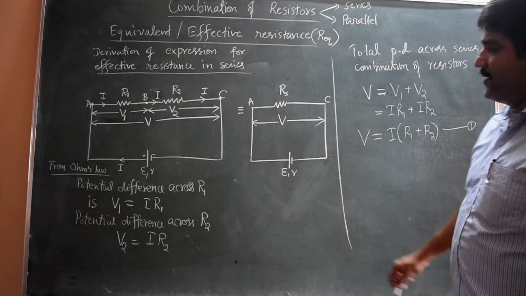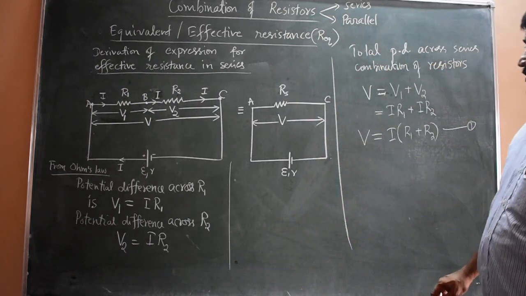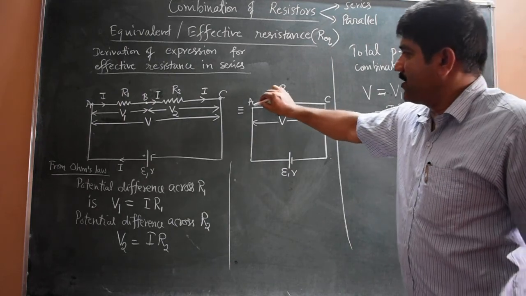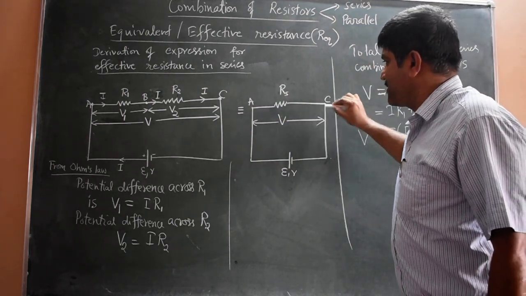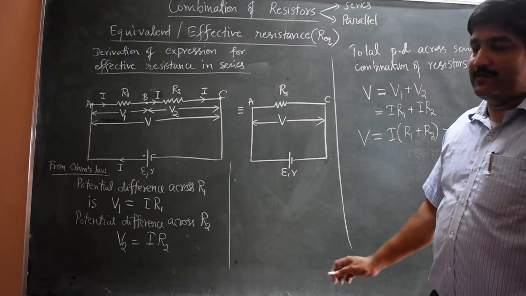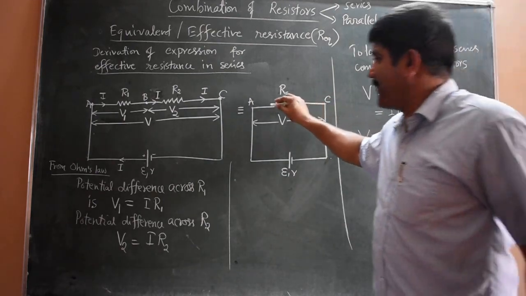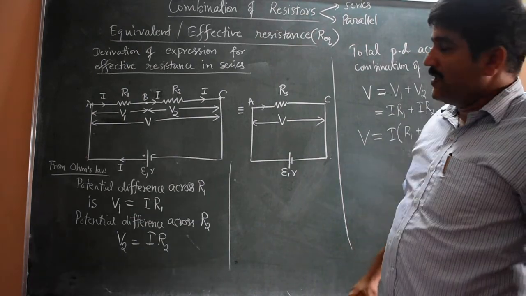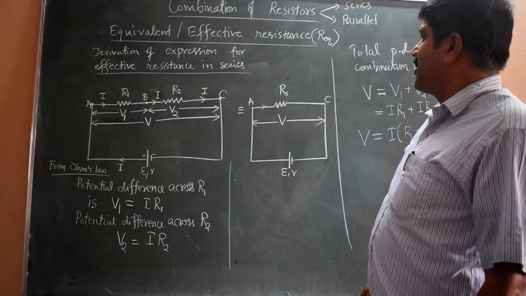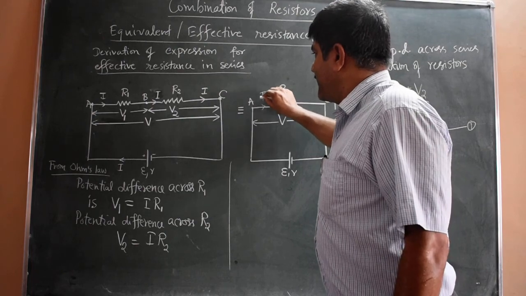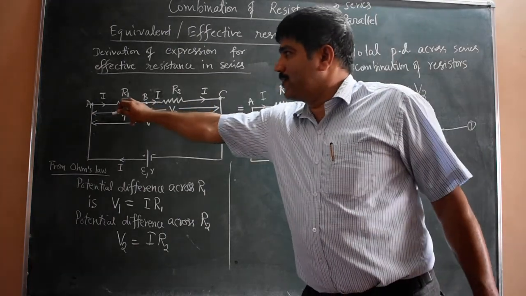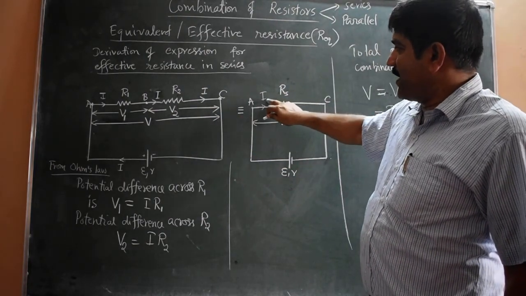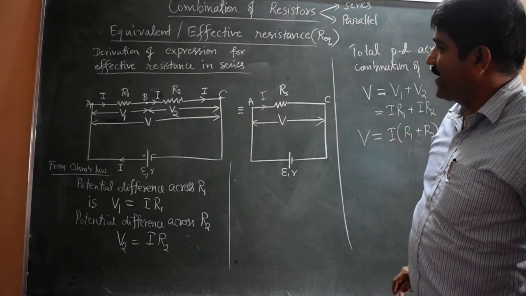Now we apply the same rule to the equivalent resistance RS. What is the PD across it? Again apply Ohm's law. I said the equivalent resistance is one which produces the same effect as the combination. So the current I flowing through R1 and R2, we assume the same current flows through the equivalent resistance RS.